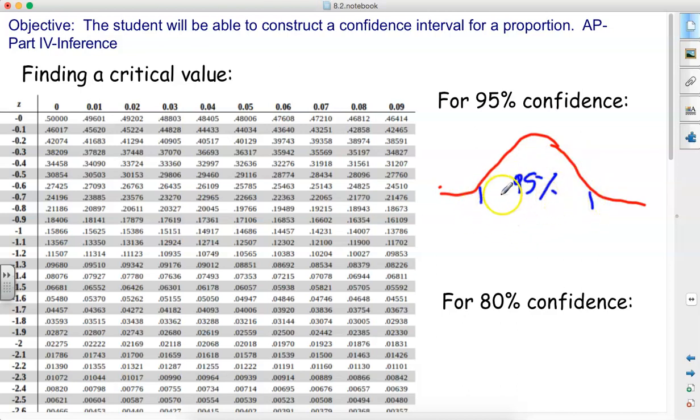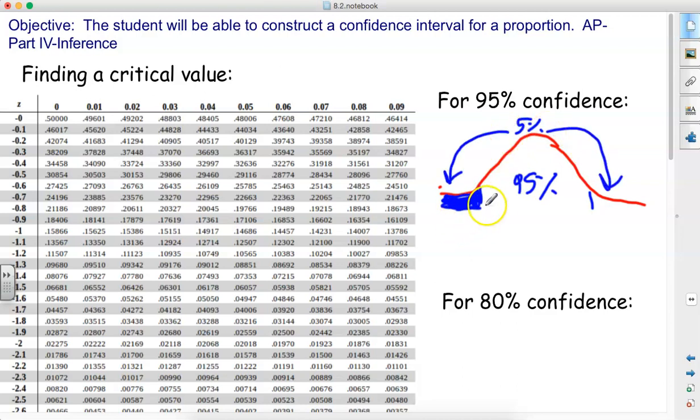Thinking about the Z table, remember these numbers in the Z table tell us the percent that is from some value in the Z table and less. So the value of the Z table for a 95% confidence interval is going to be whatever proportion is right here. If 95% is right here, that leaves 5% left over to be divided up between this piece and this piece.